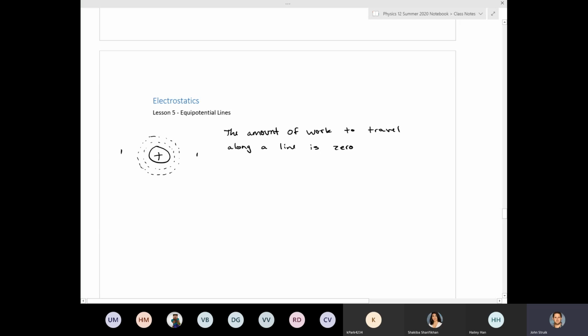So if I wanted to move from here to here, that would require 0 work because I'm not changing energy. It's the exact same amount of energy.